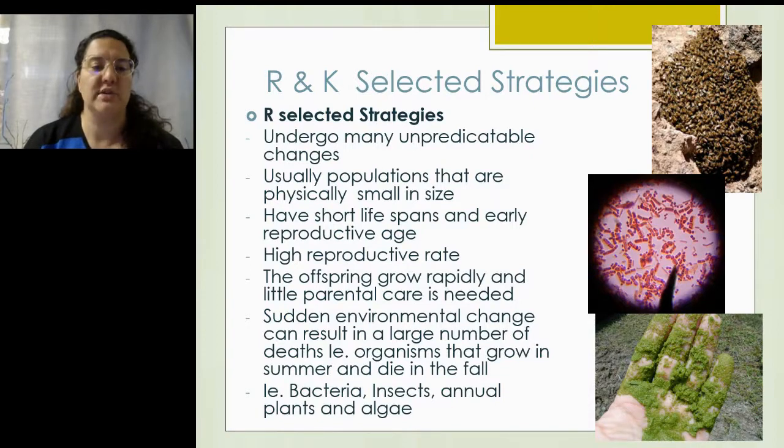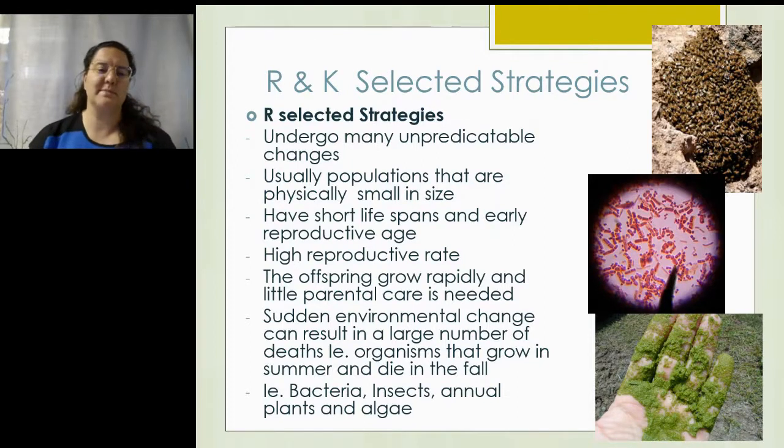Sudden environmental changes can result in a large number of deaths. So organisms that grow in the summer and die in the fall, like mosquitoes. And often this is a reproductive strategy that's used by bacteria, insects, annual plants, algae, and different species like coral and fish that have a lot of offspring that are possibly produced.